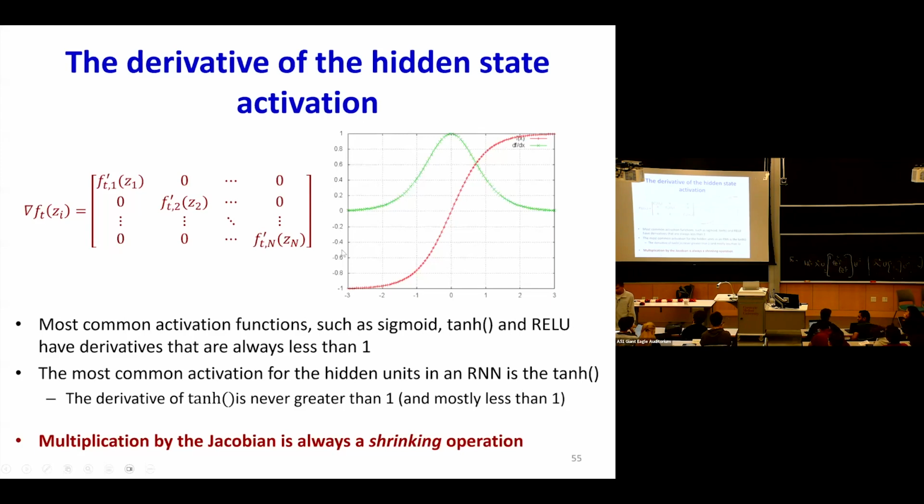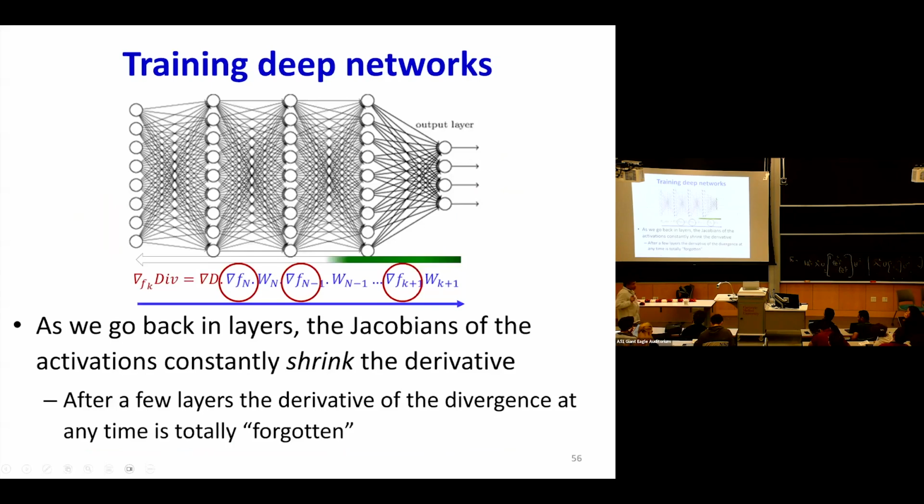Everybody with me? So that means when I'm computing my derivatives going back, every time you're passing the derivative past an activation function, what's going to happen to the length of the derivative?